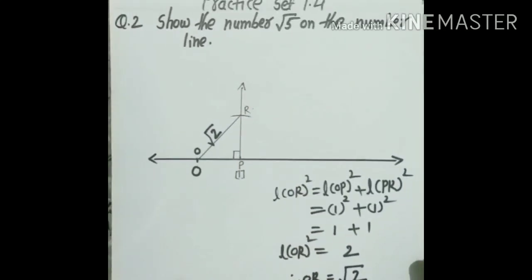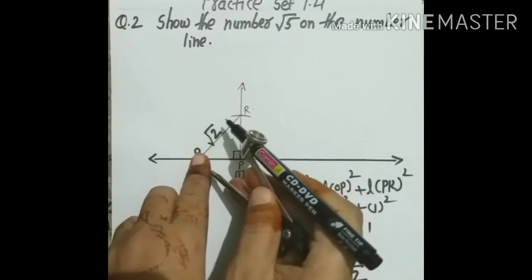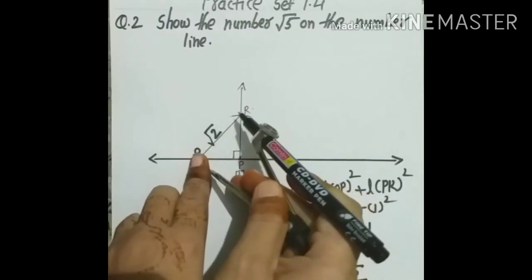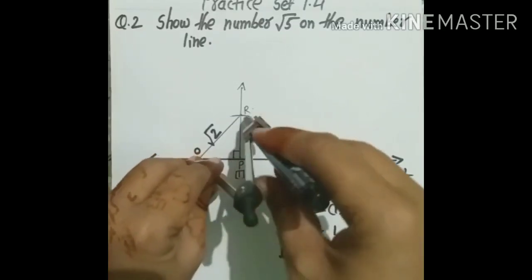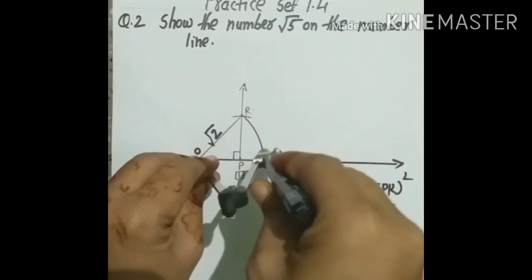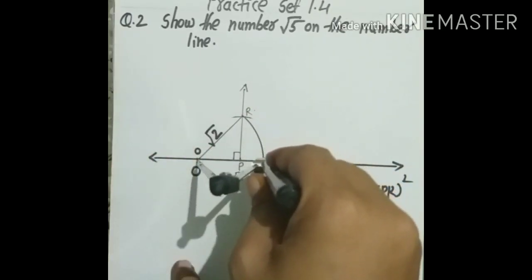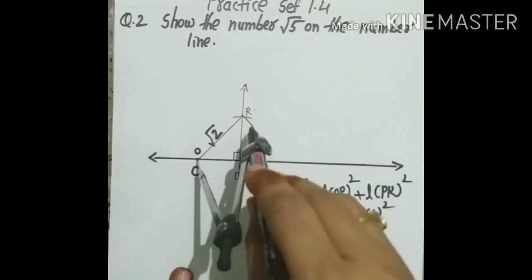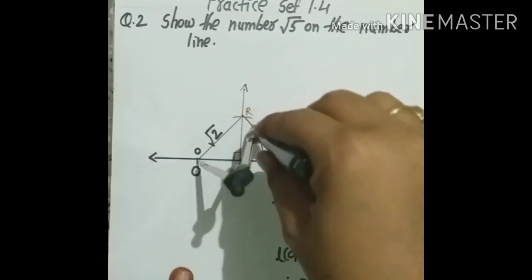Now take the compass again, children, keep it on the origin O, and draw one arc from R. See children, keep it on O and keep your pencil on the arc and draw the arc.